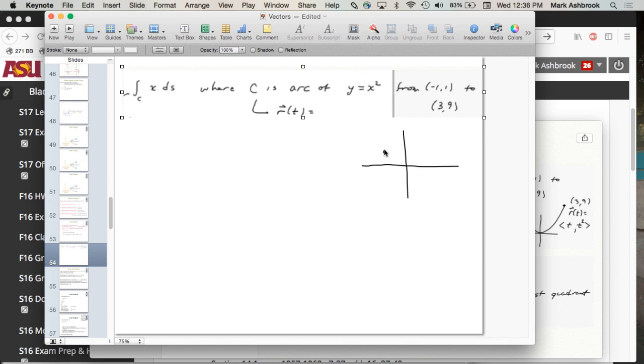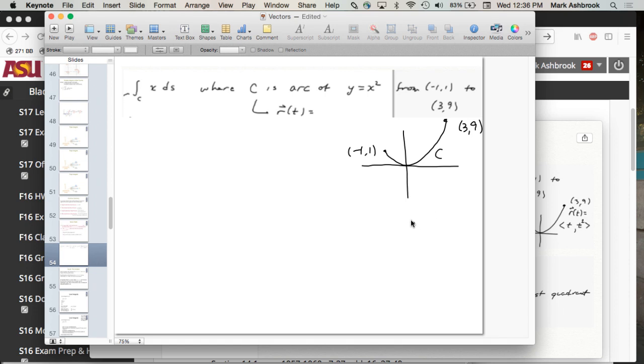So from (-1, 1), C is going to go from there to (3, 9). So that's our C.